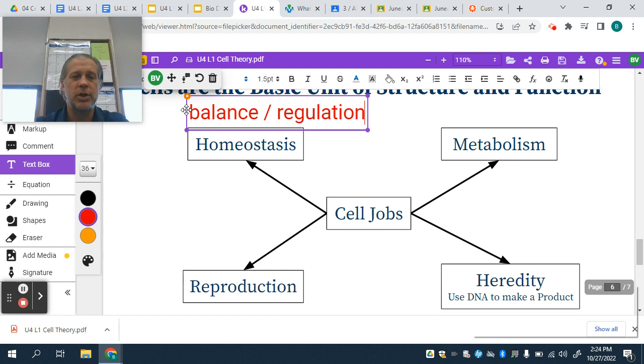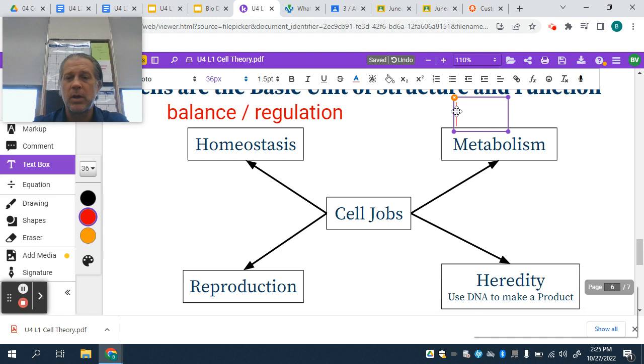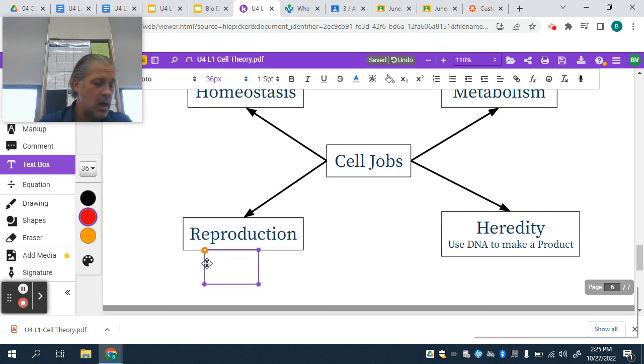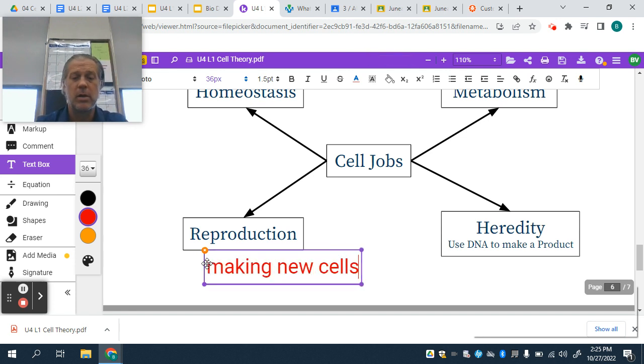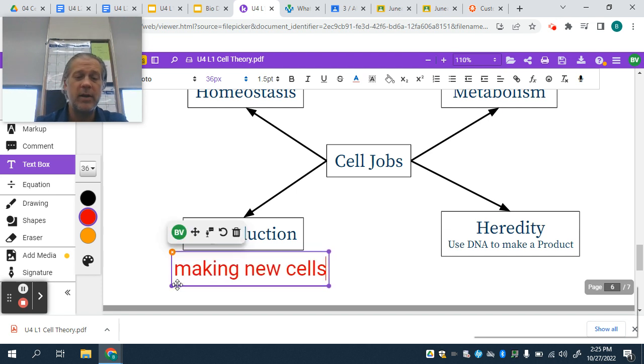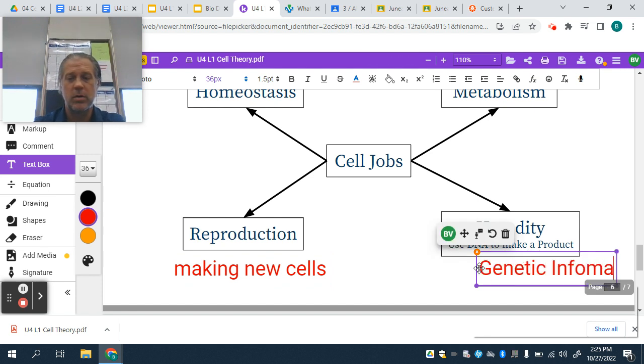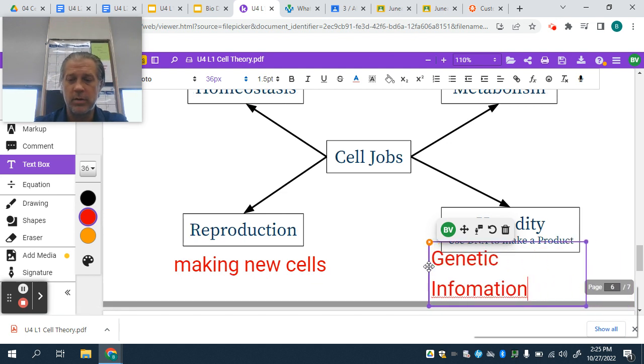Metabolism is how cells get energy. Reproduction is making new cells. And heredity is discussing genetic information that a cell might have.